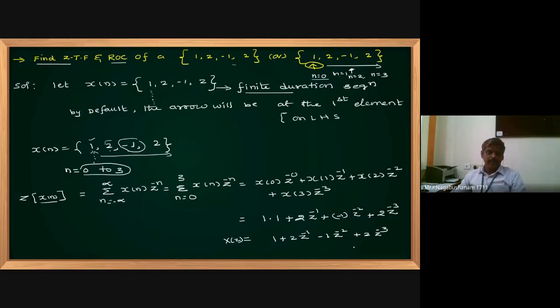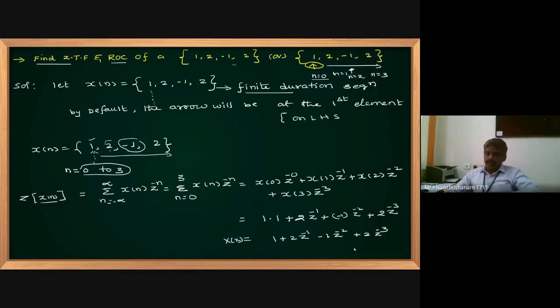I repeat, the ROC of any finite duration sequence or infinite duration sequence depends on the range of z or value of z. If the given sequence is an infinite duration sequence, then the value of z will be in terms of a range. If the given sequence is a finite duration sequence, then the ROC is a certain value of z.